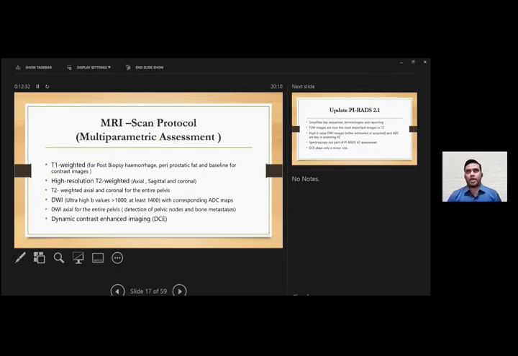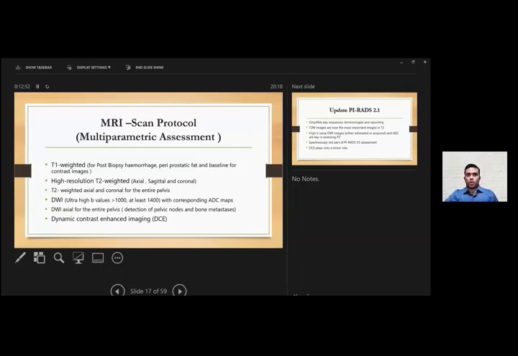So what are the MR scan protocols that we use for multiparametric imaging of the prostate? We have a T1 weighted axial sequence, which is to look for post-biopsy hemorrhage, look at the periprostatic fat, and act as a baseline for post-contrast images.